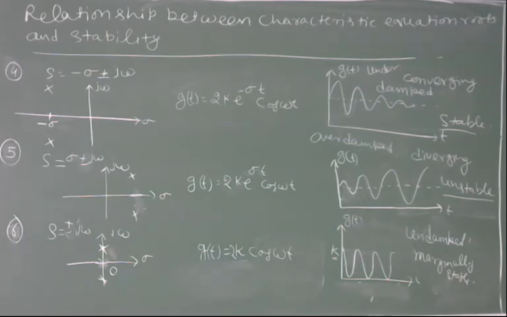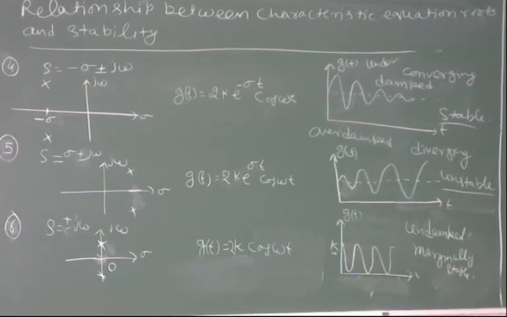Now next is zero input and asymptotic stability.